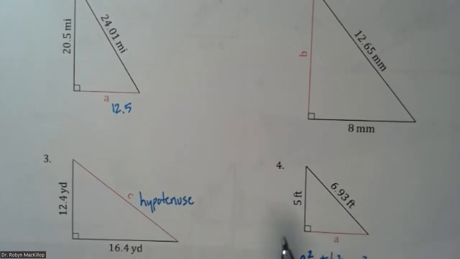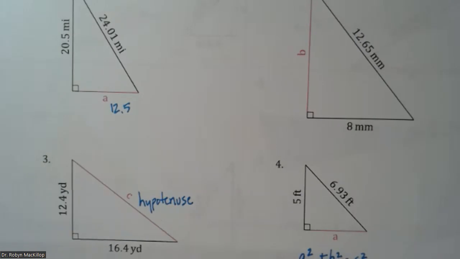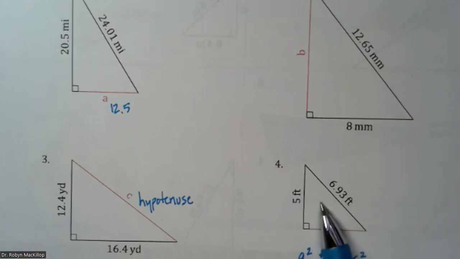So just do a couple, give it a go, check your work. If you find that you cannot come up with the right answer, take a picture of it and send it to me and I'll work with you on it, because it happens. Sometimes there's an error in the problem. Sometimes there's an error in the way we're processing it.